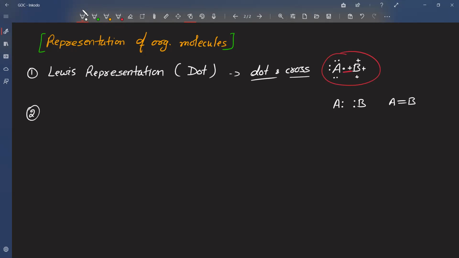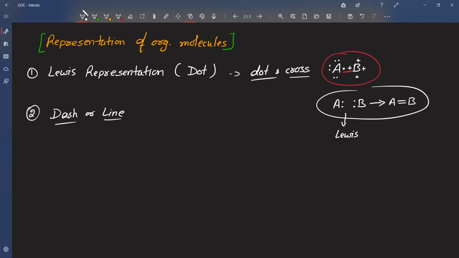Next is dash representation or line representation. Actually, here is the example of dash representation. This is Lewis structure. This is dash or line representation. Right?